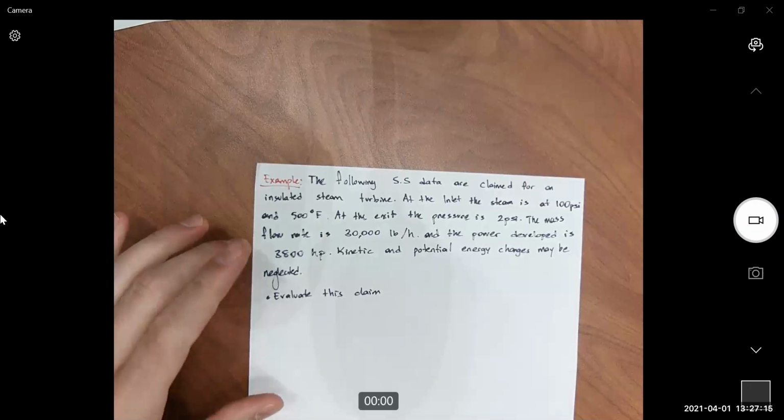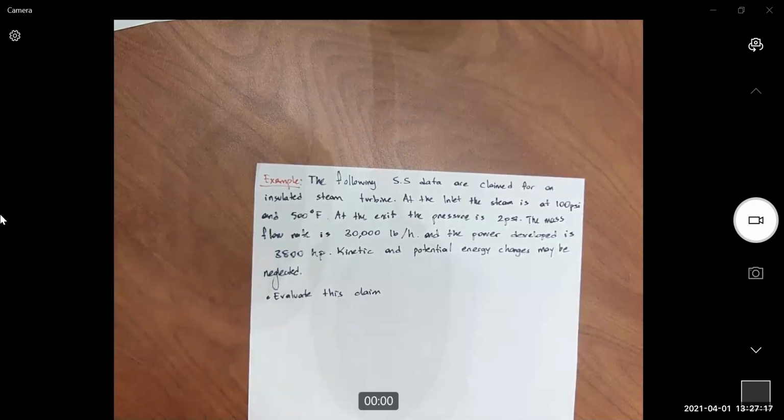So what does evaluate mean in this case? There are a couple of ways to check that. I can check my power production: if the power produced in the turbine exceeds the maximum power that can be produced in the system, that violates the second law.